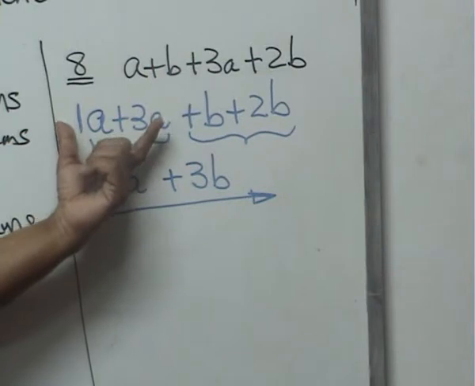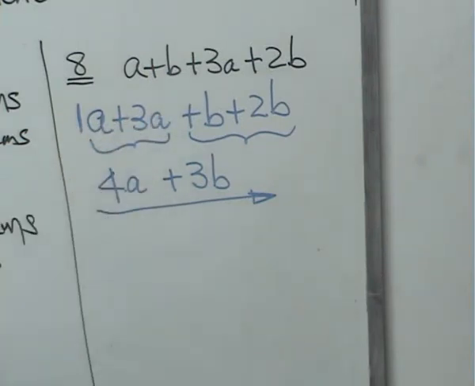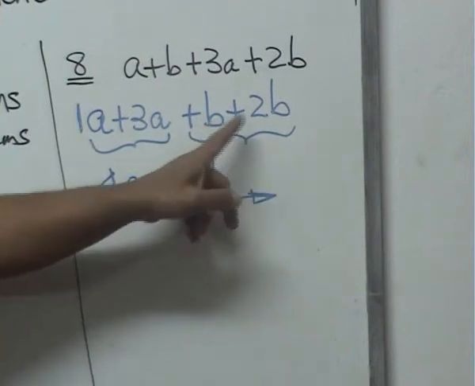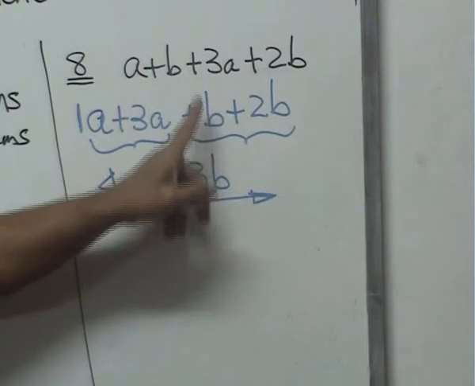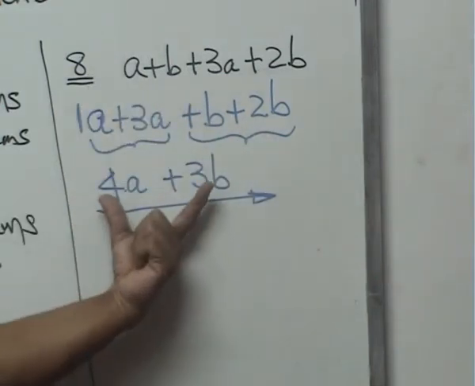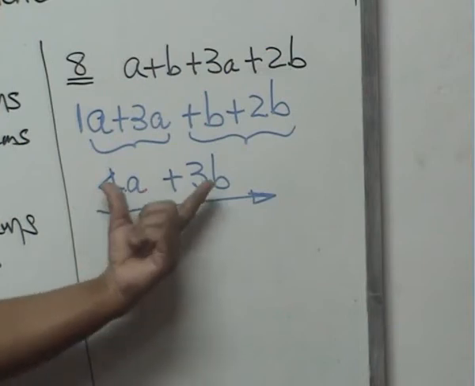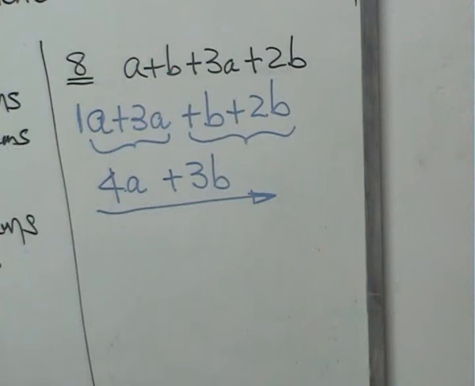Then if I want to add, I can add these like terms. 1a plus 3a gives me 4a. b plus 2b, this one is understood to be 1b. So it's 1b plus 2b gives me 3b. Then when I look here, I cannot add them up together because these are totally different or they are unlike terms. So you can only add or subtract like terms. Right, we're going to do more examples just now. Let's do another one.